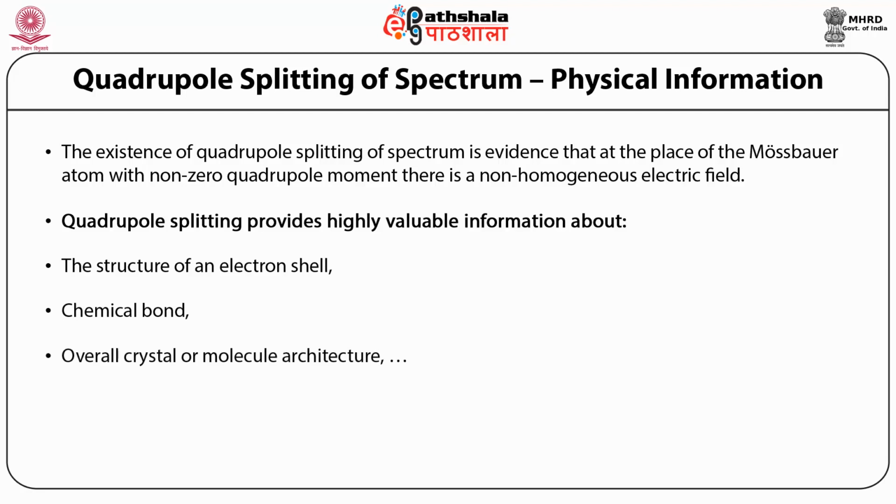So basically in a broader sense, as I discussed, it is linked with the shape, but if we go further, it is linked with the structure of the electron shell, then chemical bonding, and overall crystal or molecular architecture. As I discussed, this is sometimes important when we take the Mossbauer spectroscopy in the presence of magnetic field and in the cryogenic system at various temperature ranges.